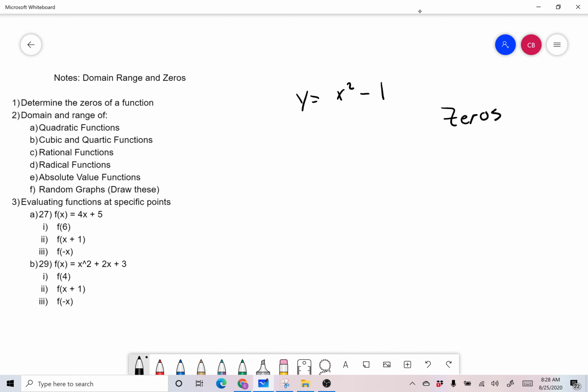If I plug 0 for x, then I have y is equal to 0 squared minus 1, which means y is equal to negative 1. So 0, negative 1 is one of my zeros.